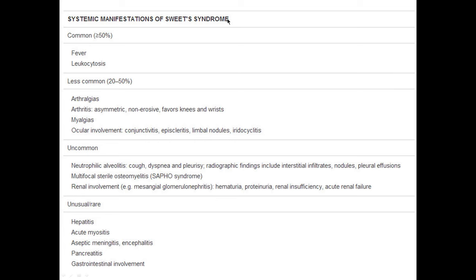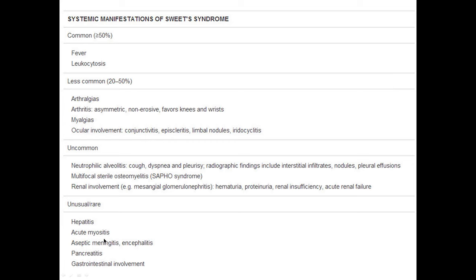I just want to end up with reminding you about the systemic manifestations of Sweet's syndrome. This isn't just a condition that affects the skin with associated bowel problems, some fever and leukocytosis. A lot of them get arthralgias, arthritis, myalgias, and some ocular involvement. And there's these uncommon things: neutrophilic alveolitis, multifocal sterile osteomyelitis, renal involvement.